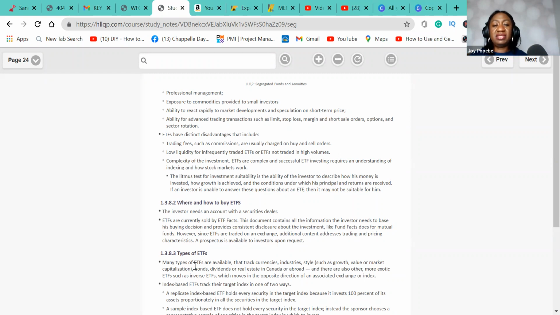ETFs have distinct disadvantages that include trading fees. Such as commissions, which are usually charged on a buy and sell basis. Wow, you pay commissions when you buy, you pay commissions when you sell. And all those commissions basically add up, right?